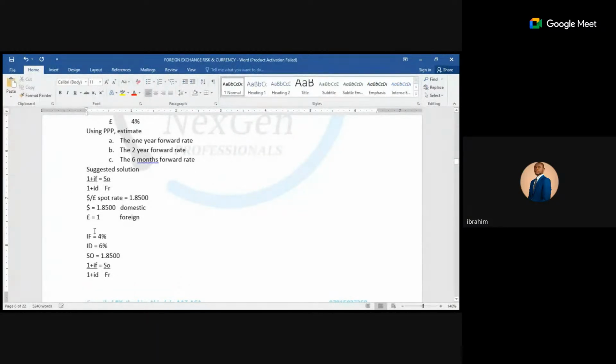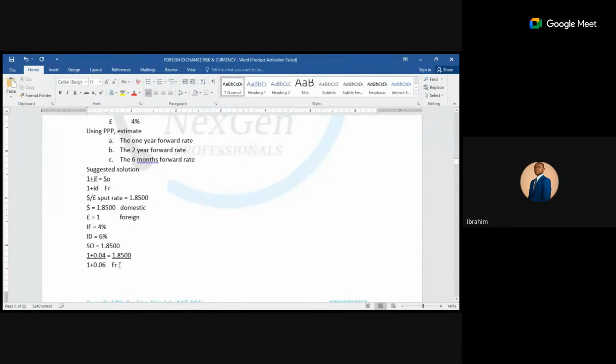So we can move it here to have IF. Since it's just for 1 year, 0.04. ID, 0.06. What do we have? Spot rate, 1.8500.